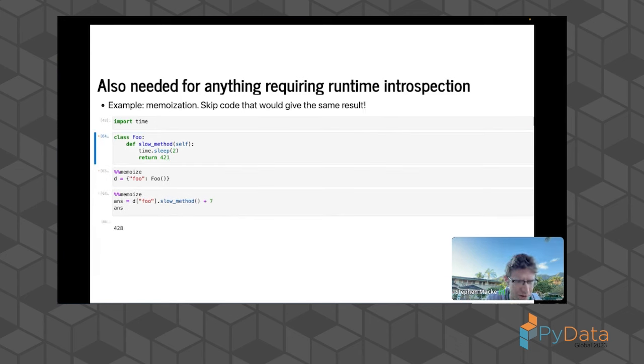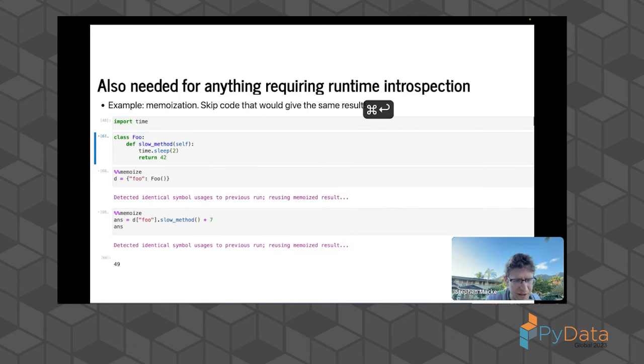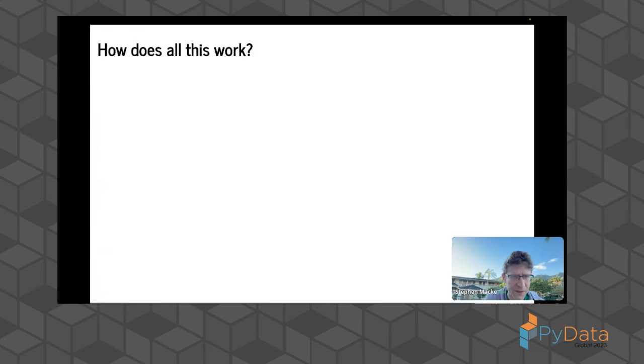It's slow, taking a couple of seconds. And if I change it back to something that it's seen, fast again. So in order for this to work, you really have to know what's executed previously. You have to know if the runtime values match up with something that you've seen before. And so this is another case where it's really beneficial to have instrumentation so you can actually see what changed.